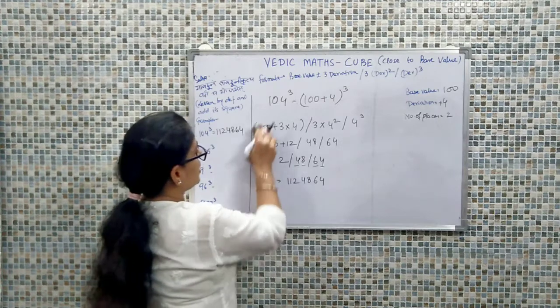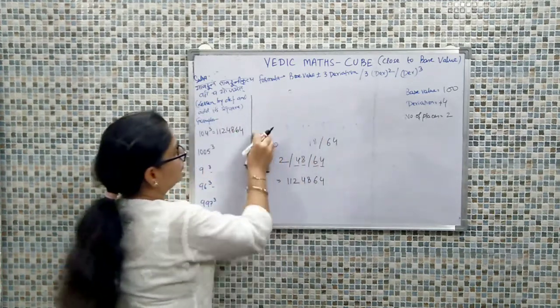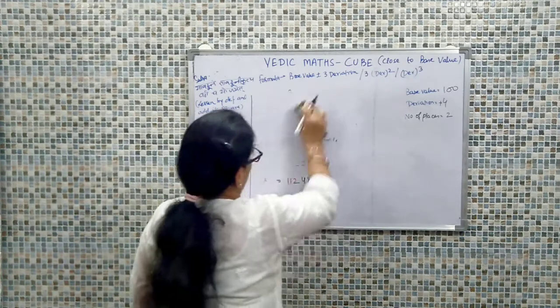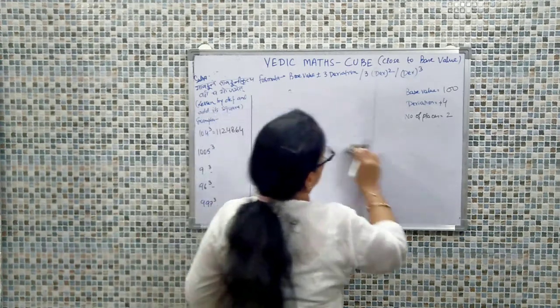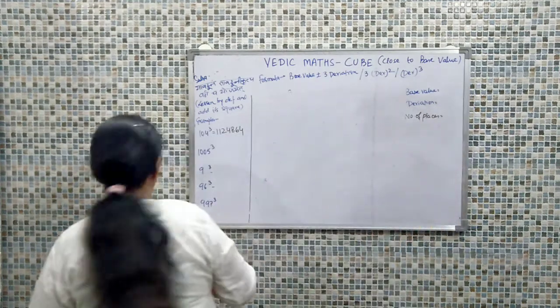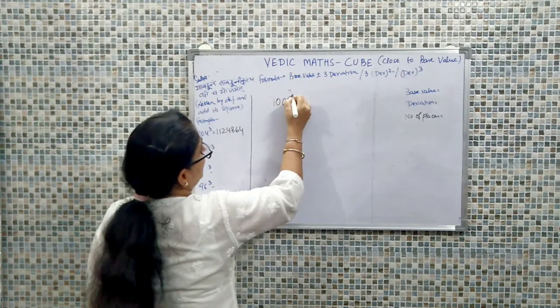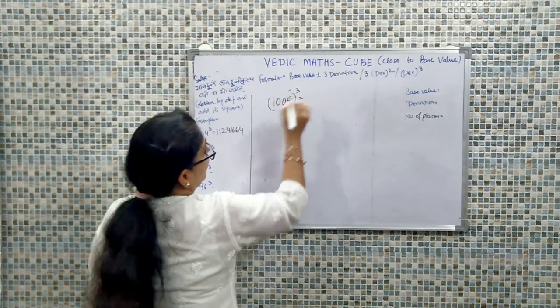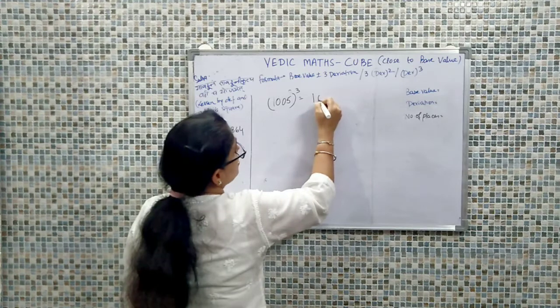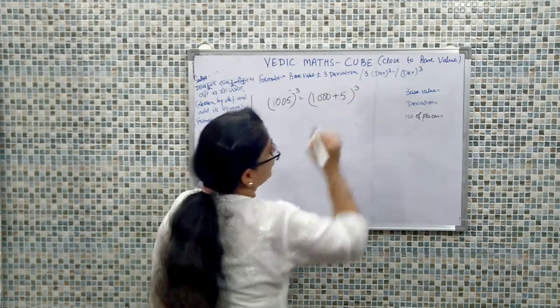Now taking up the next example. The next example is the cube of 1005. The cube of 1005 means (1000 + 5) whole cube, right?